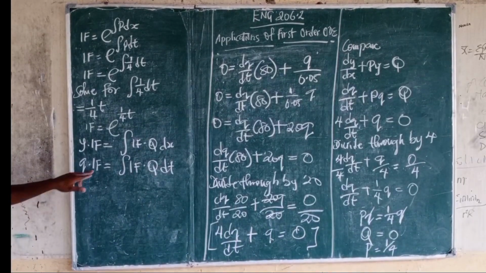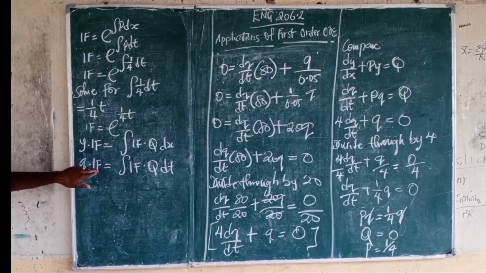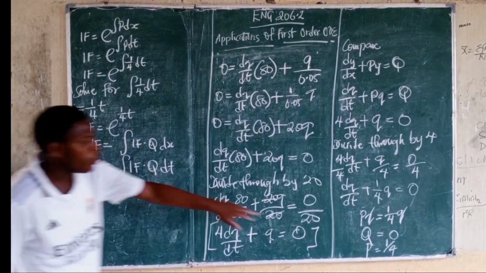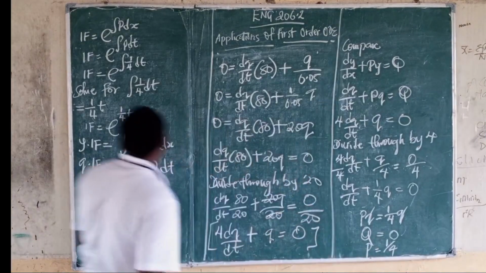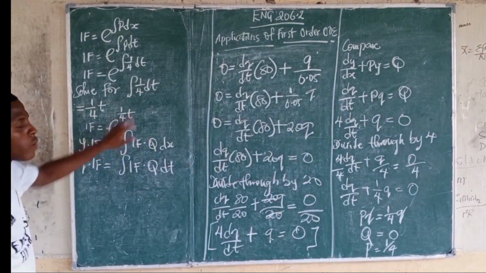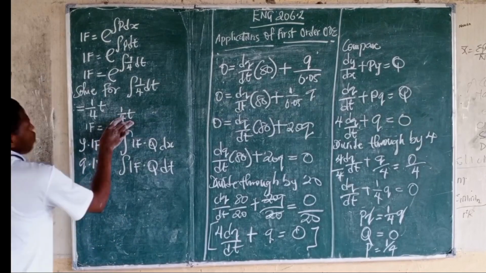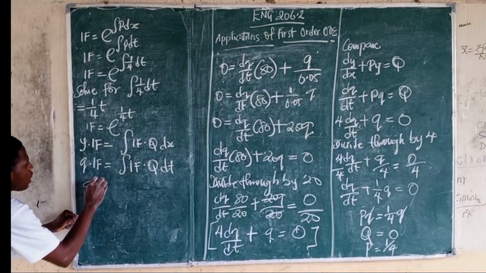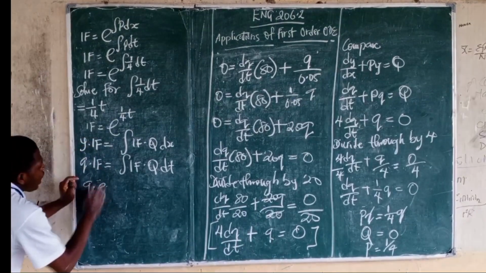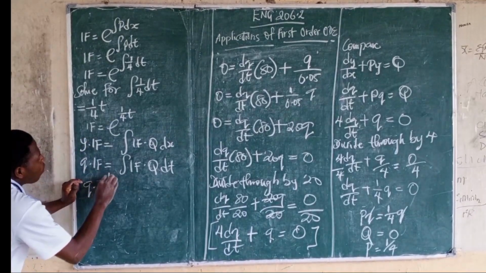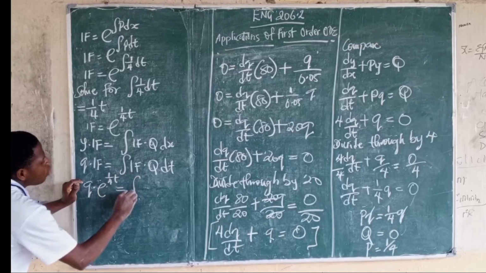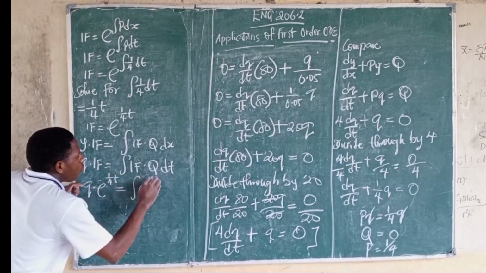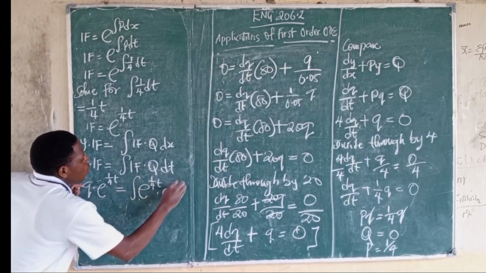Now we'll get the solution for q. We know that our q is 0 and our IF is exponential 1 over 4t. If we substitute these parameters, we have q dot exponential 1 over 4t equal to integral of exponential 1 over 4t dot q dt.